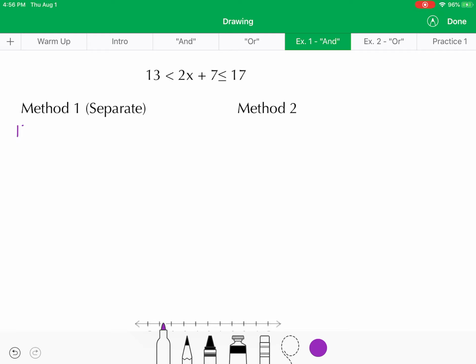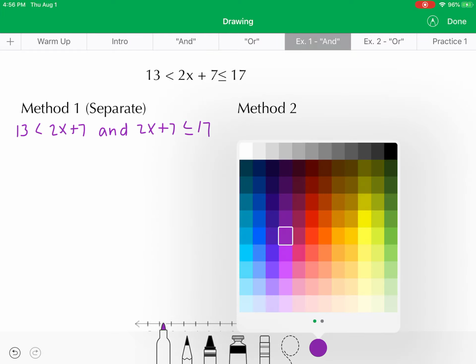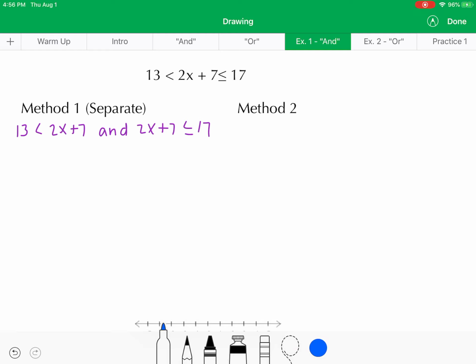So that would look like this. Notice 2x plus 7 that was in the middle of the original compound inequality gets written twice, and you put that word and in between.